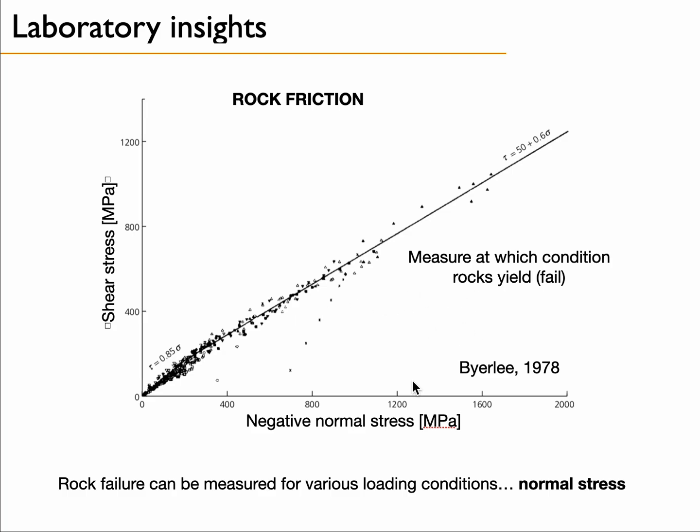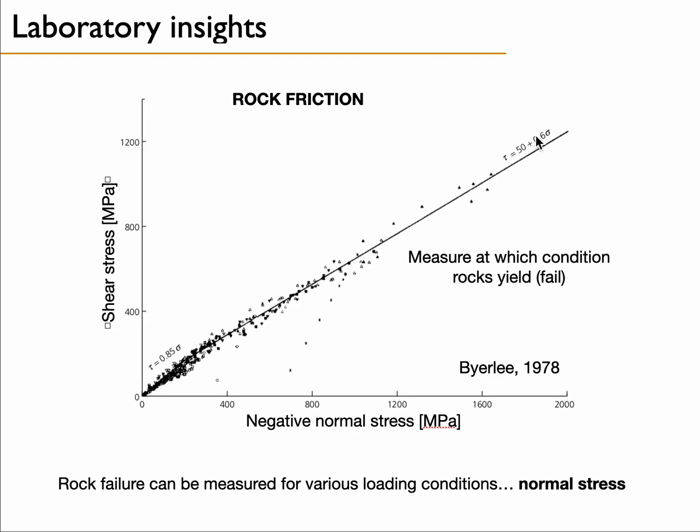So what has been done by Byerlee in 1978, he compiled basically a lot of experiments on different types of rocks. What you can observe is a cluster of points along a line here. And this line can be fitted. You see tau is equal to 50 plus 0.6 times sigma.